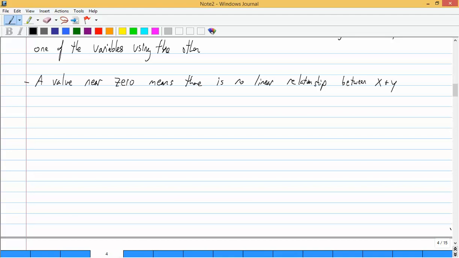It does not matter whether you correlate y with x or x with y, you will still get the same value for r.